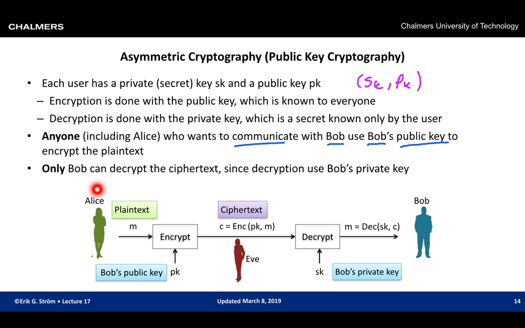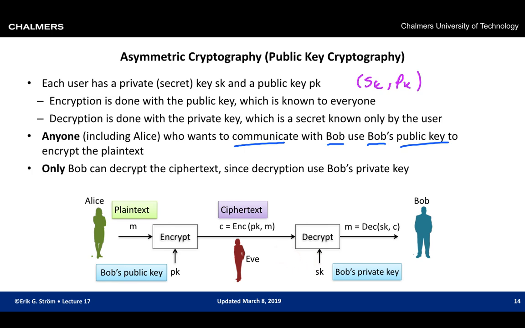So the idea is the following: Alice has some plaintext M that she would like to encrypt, and she uses Bob's public key. And then we get the ciphertext C. And Bob decrypts the ciphertext using his private key, or secret key if you like, SK.